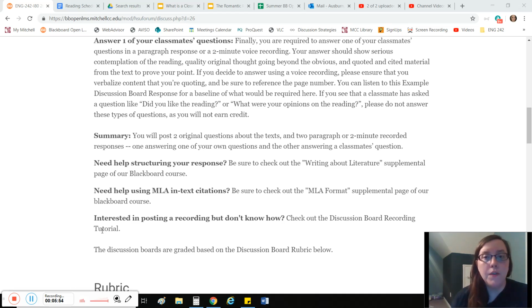If you are going to do a recording, however, you want to make sure that you verbalize when you're quoting, you reference page numbers, and the structure of your recording is still really sound and doesn't have too much extra fluff or repetition. I'm still rating it based on quality and content, so just keep that in mind.